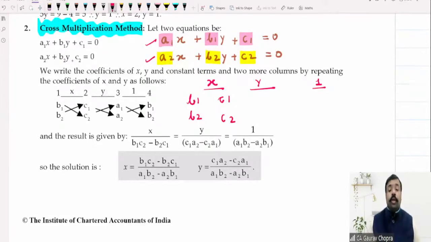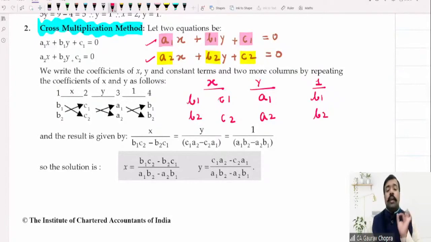For y, we know that b1 and b2 are the coefficients, so we skip b and take c and a: c1, c2, a1, a2. And the constant is denoted by c, so here we skip c and take a1, a2, b1, b2. This is the main trick to arrange the problem according to cross multiplication.